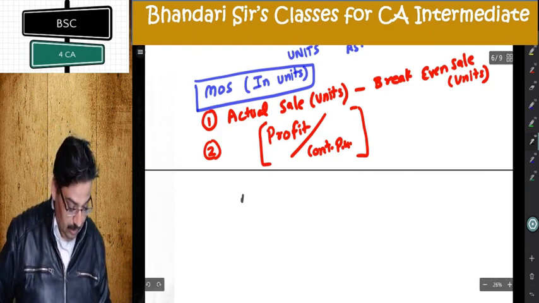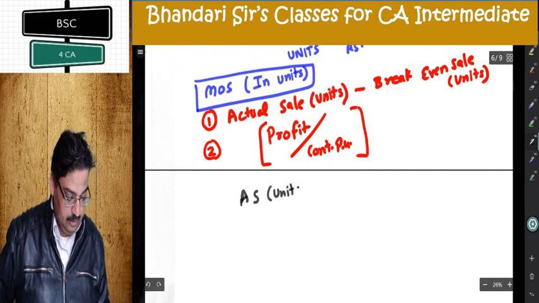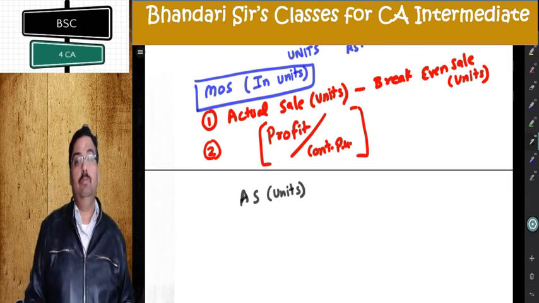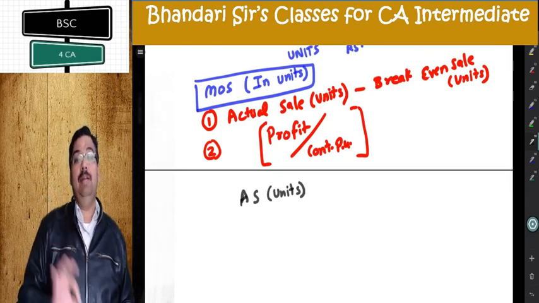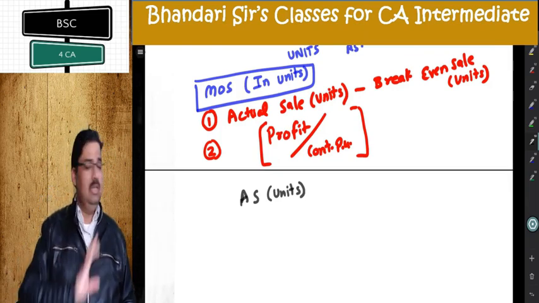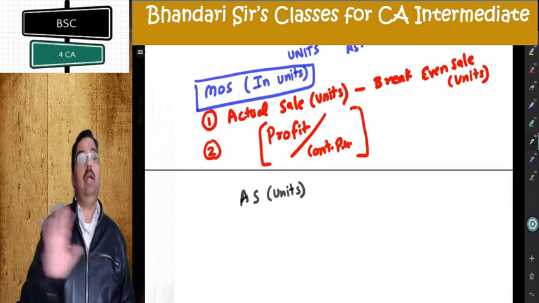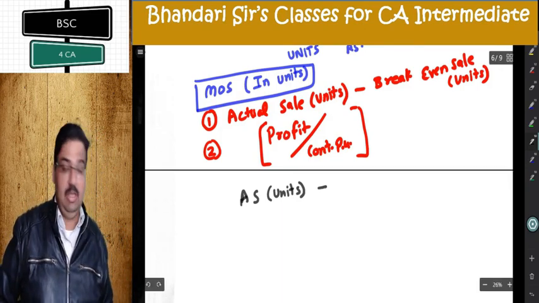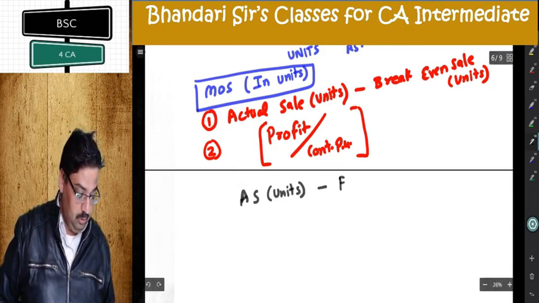The derivation nobody is going to ask. It is only for your comfort level, for your deep understanding of the subject. If you want to ignore, you can ignore the derivation. Actual sale in units minus break-even sale, the formula we are going to use.